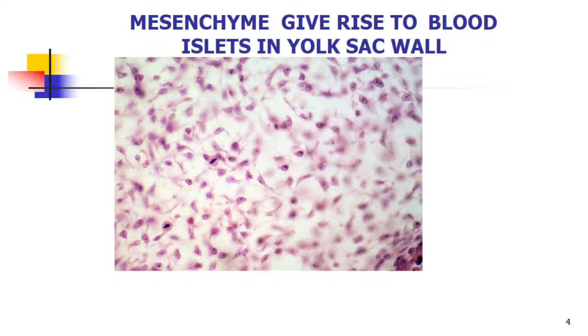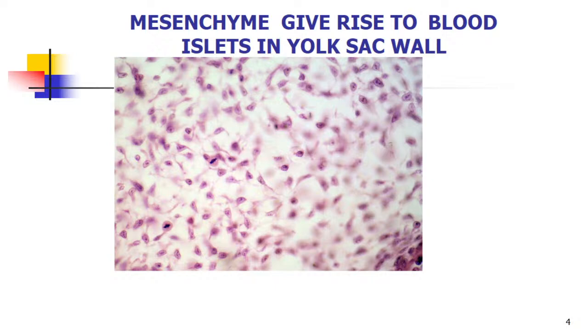Many scientists consider mesenchyme a primordial progenitor tissue or embryonic connective tissue. Sometimes it is called embryonic connective tissue, because mesenchyme gives rise to the formation of different types of tissue. We will study it in embryology.